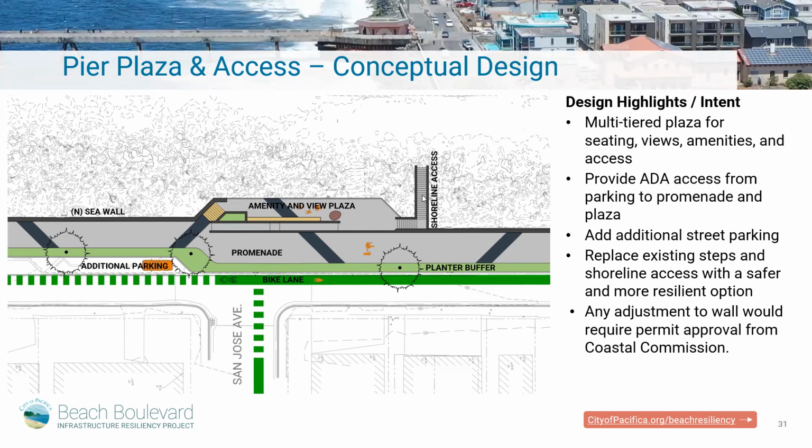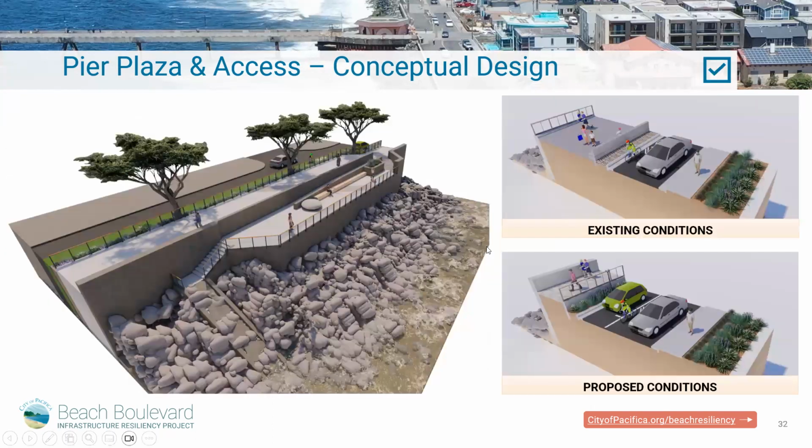Also on this section, if we go to the next slide, you'll see that as we move further south along Beach Boulevard and along the seawall, we run into a situation where the proposed seawall is going to be higher than the existing.